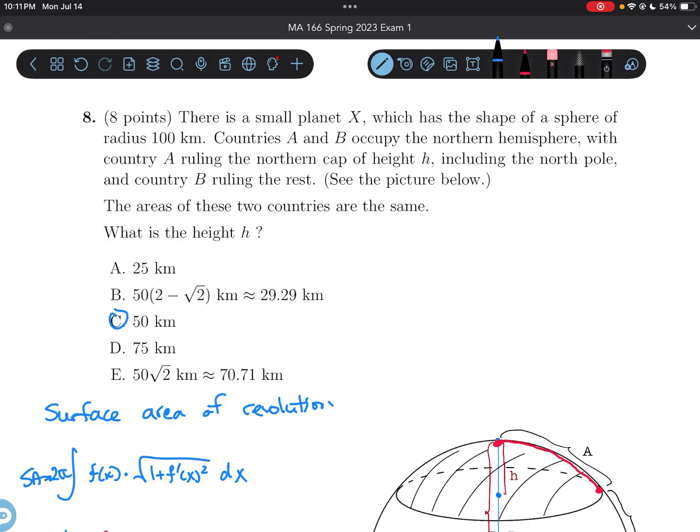Okay, so the last thing I'm going to do is explain the intuition behind the formula for surface area of revolution. So this actually works very similar to the formula for arc length. And if you'll notice, this expression over here is the same expression we use to calculate arc length.